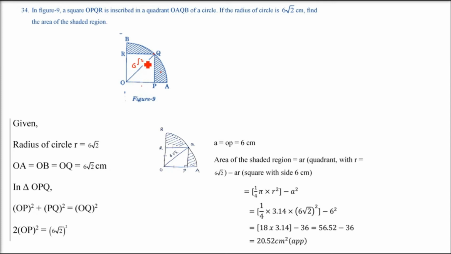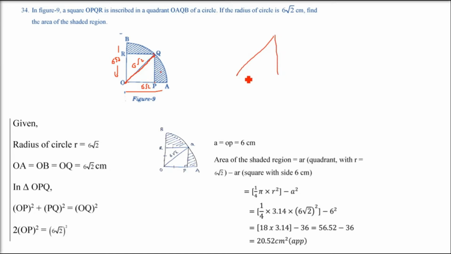So let us take OQ. OQ will be 6√2. OA will be 6√2, and OB is 6√2. Now OP and PQ are the same. Why? Because these are the sides of the square. All the sides of the square are equal. So what we can do?